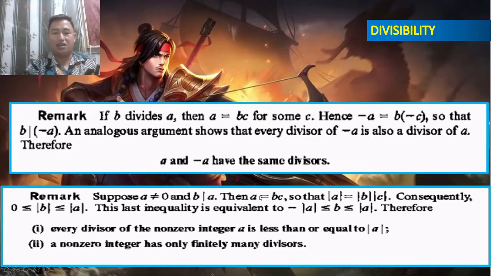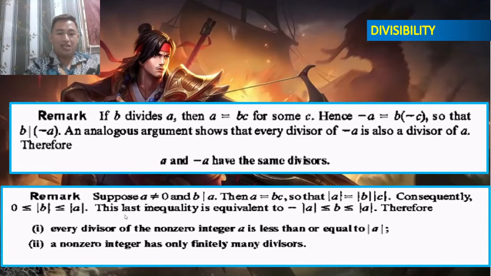Take the absolute value of both sides, since a, b, and c are all integers. Here a is the dividend, b is the divisor, and c is the quotient. Consequently, 0 is less than or equal to the absolute value of b, which is less than or equal to the absolute value of a. Where does this come from? Since b is a divisor, dividing a, b is smaller than a.